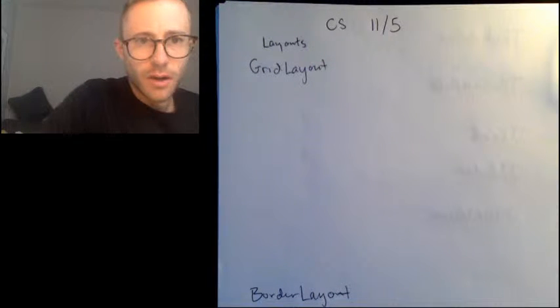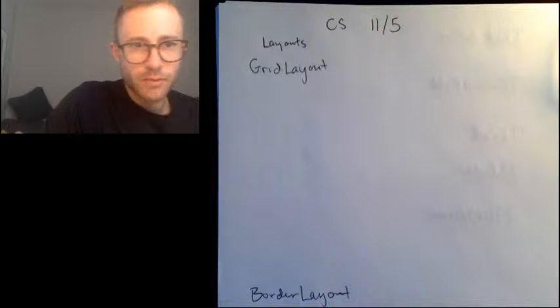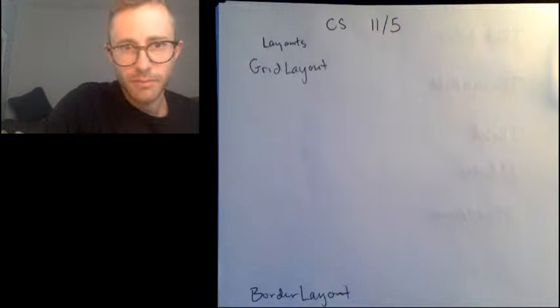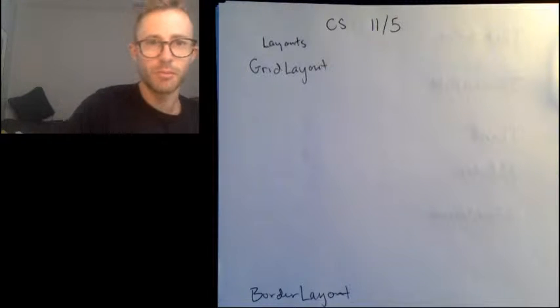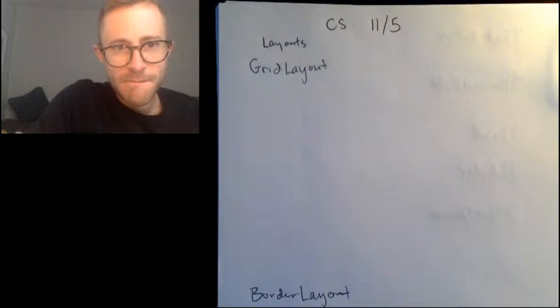So in Java, from what I've been able to read, you don't have absolute control over where things go in a GUI. So for example, buttons and text boxes and things like that.